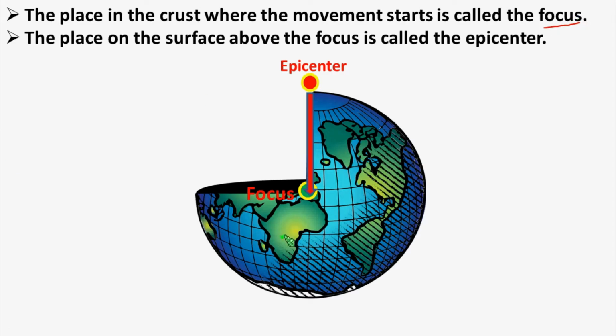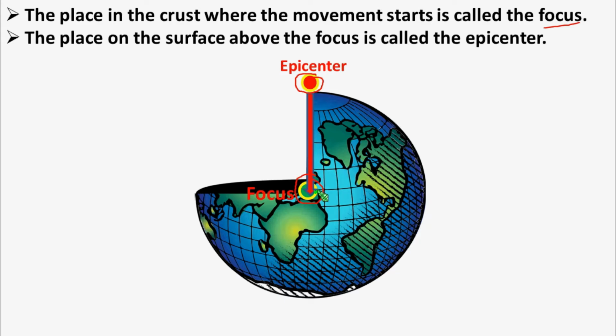Like you can see in this diagram, suppose the earthquake starts from this place, so this place will be called the focus, and the place on the surface above the focus, where we live, is called the epicenter.